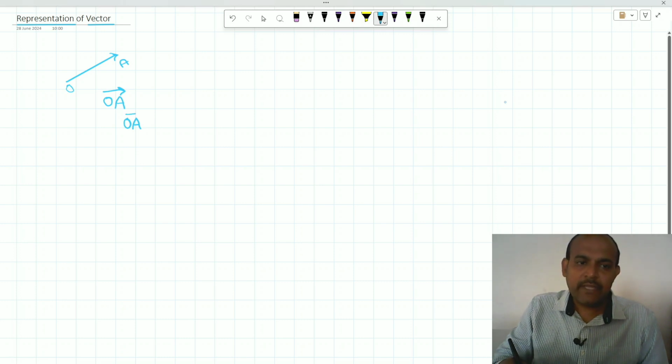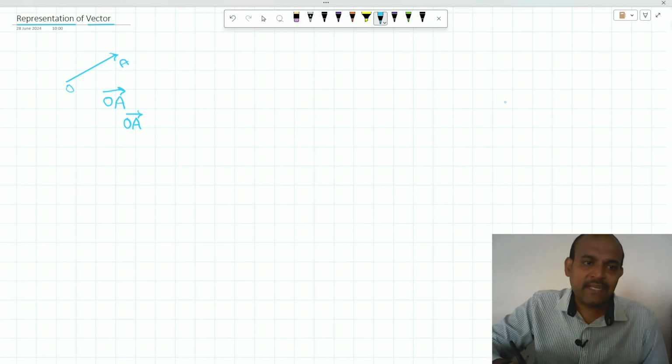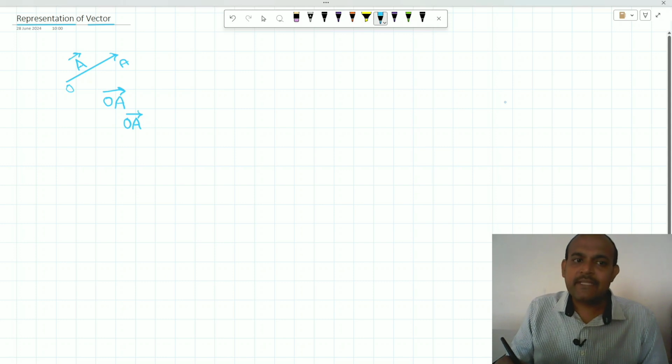This is called vector OA. This is how we represent any vector, with a starting point and an initial point. Or in general, I can also say it is vector A. Sometimes we represent it as vector A, with some notation A, but on top of the letter you have an arrow which indicates it is a vector.